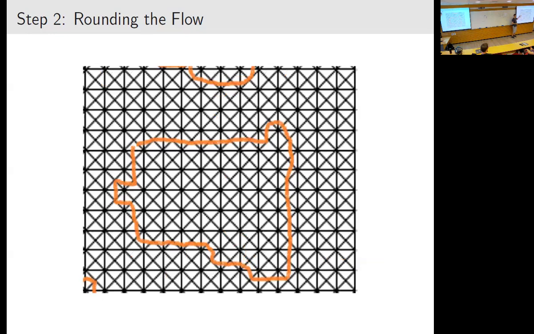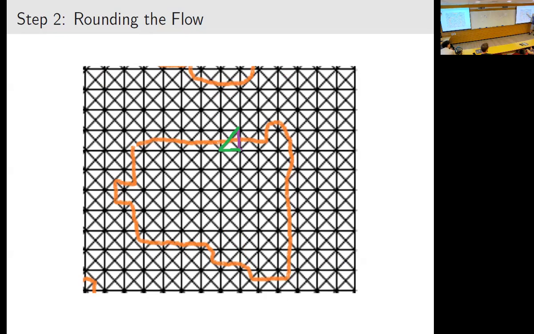Now for each blob, here's how I'm going to round it. Look at the boundary of that blob, and let's think about the triangles. This is actually why the cross edges are quite useful. On this boundary, you're going to have some triangles where, say, 2 vertices are inside and 1 vertex is outside, basically triangles that go across the boundary.